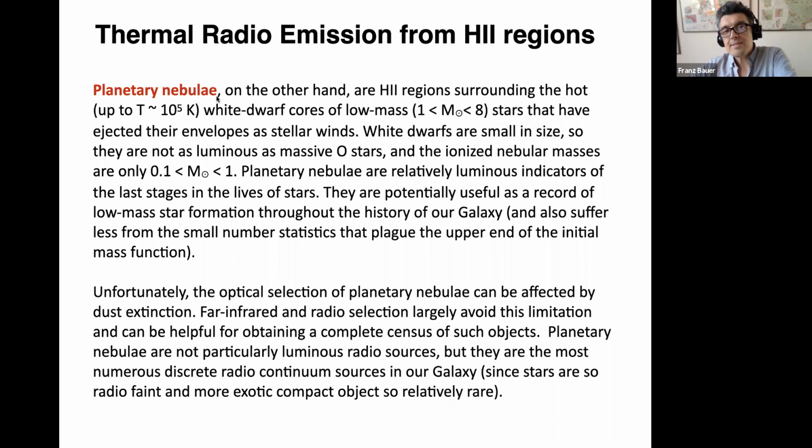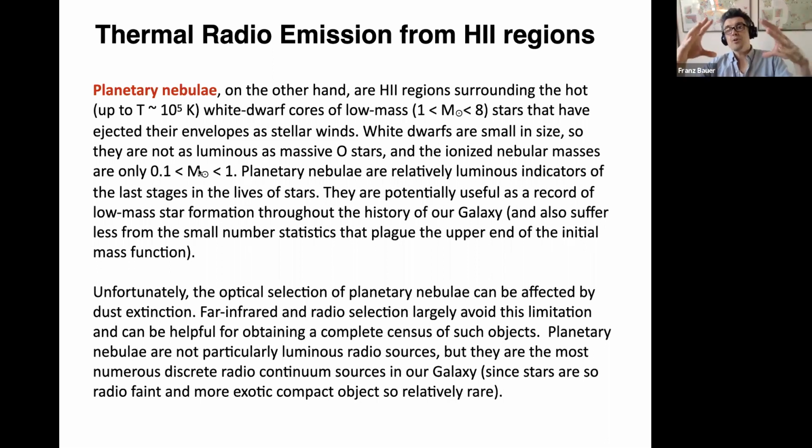In planetary nebulae, as I mentioned, these are around white dwarfs. The white dwarfs have a temperature of up to 10 to the 5, so we're totally on the Rayleigh-Jeans tail. And the masses that they eject out, obviously the initial masses were of order this. So typically the planetary nebula masses are of the order of 0.1 to 1 solar mass in total.